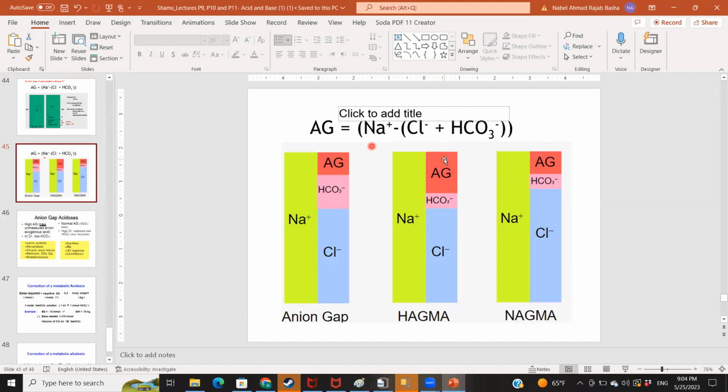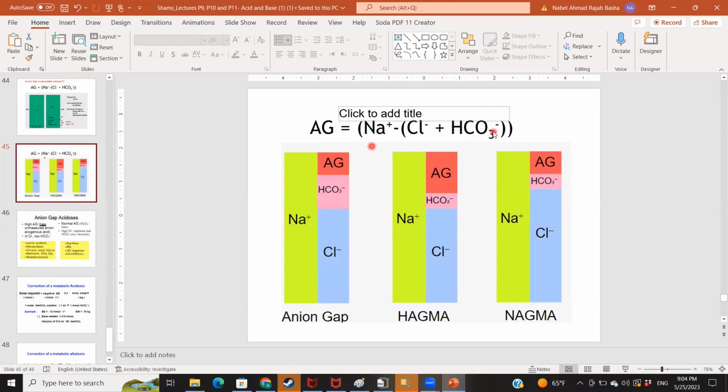These are a group of unmeasured acids that came and caused this disturbance, and they cannot be measured in the lab. So when I subtract chloride and bicarbonate from sodium, the gap is going to be higher than normal. Why? Because I have less bicarbonate, and in response there is no increase in chloride.